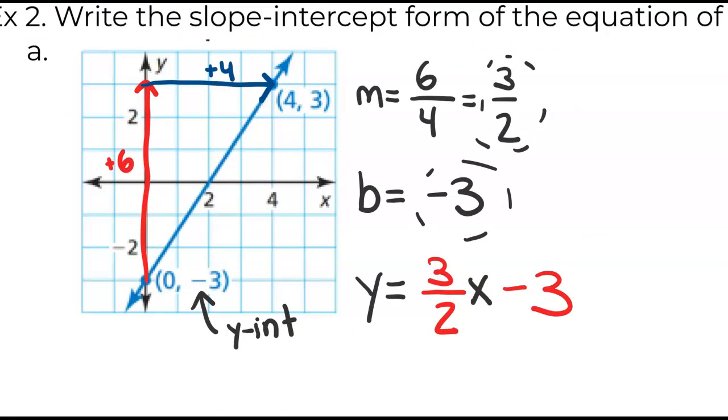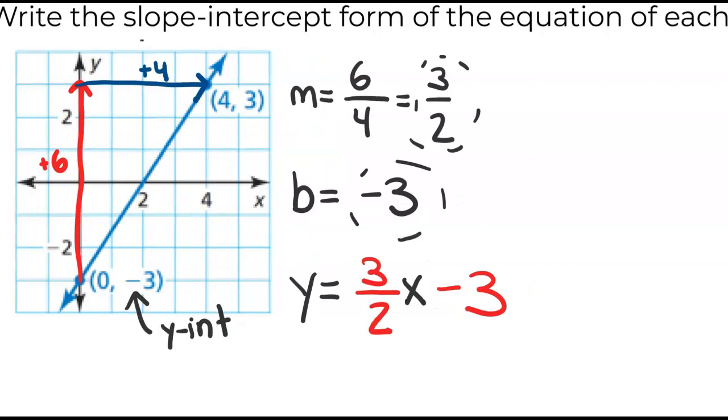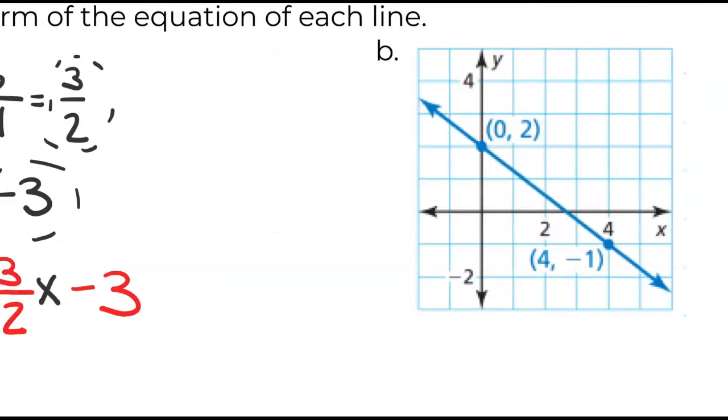So we could take all of our steps here and apply them exactly the same to the problem right next to it. We have a line that's going downhill now. So should our slope be positive or negative? Negative. So we're going to count down this time, and since we're counting down, we have to remember it's a negative change.